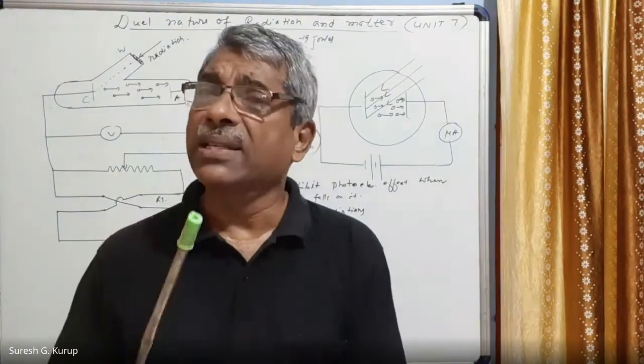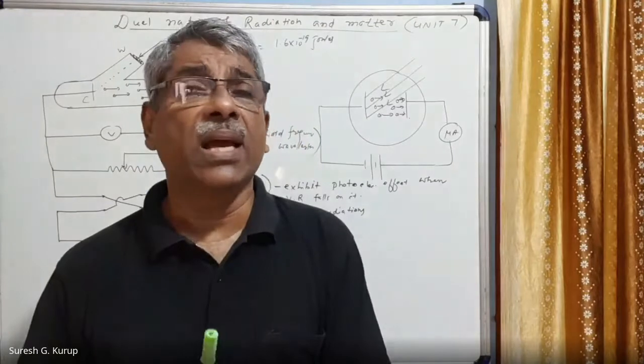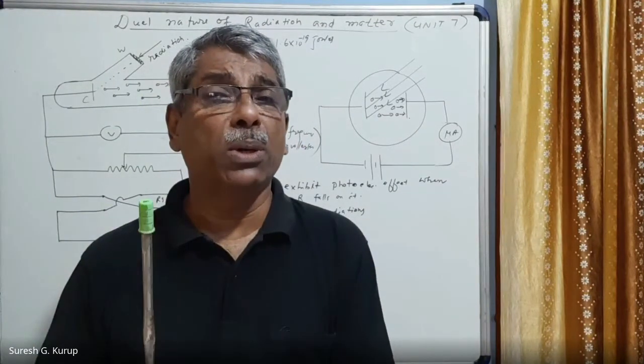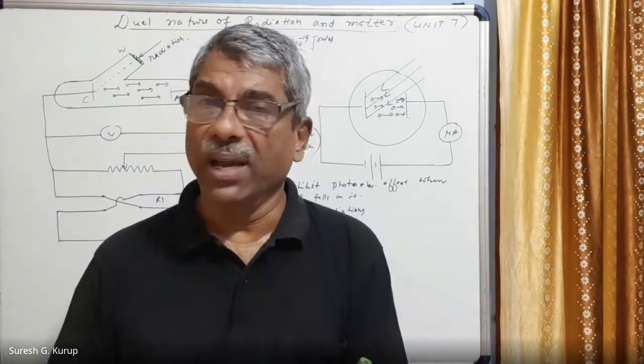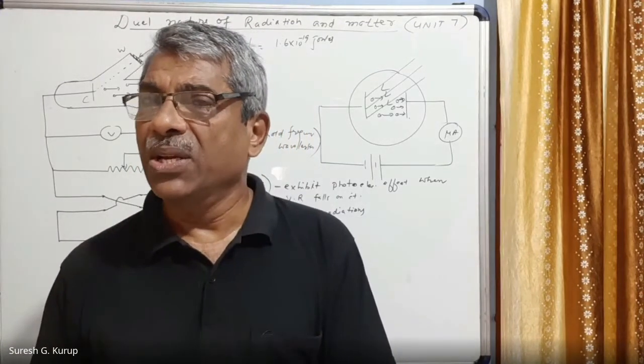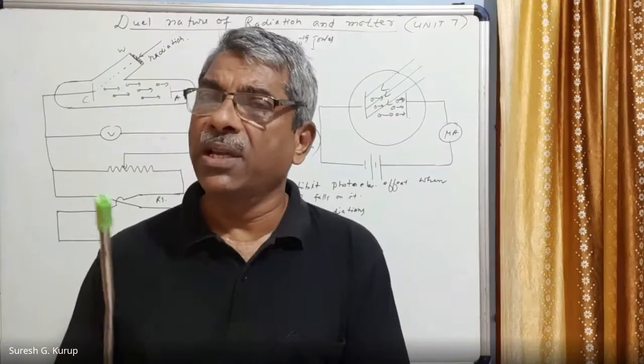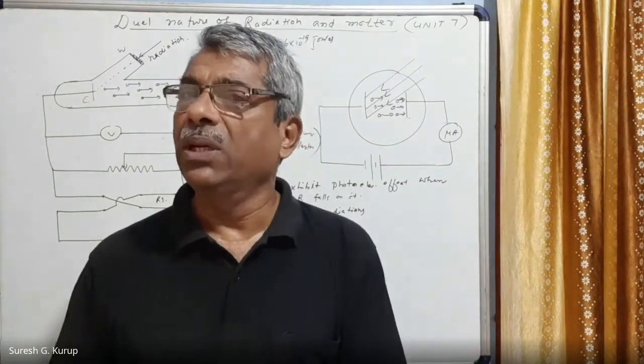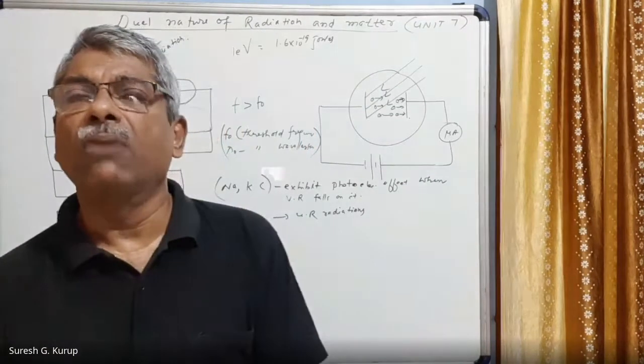In this case, this radiant energy has only particle nature of light. So we don't consider that they have wave nature of light. If you consider this radiant energy as having wave nature, we cannot explain the photoelectric effect.